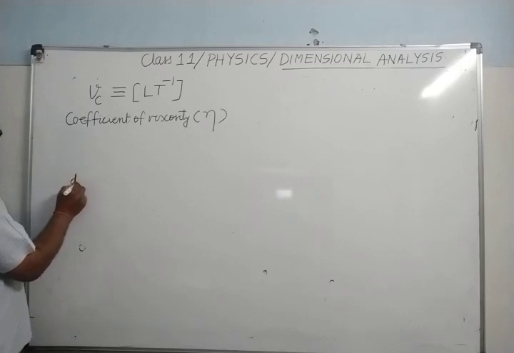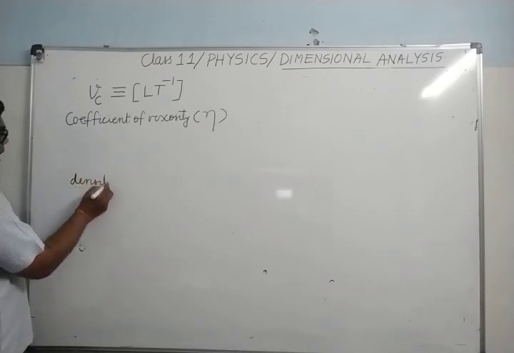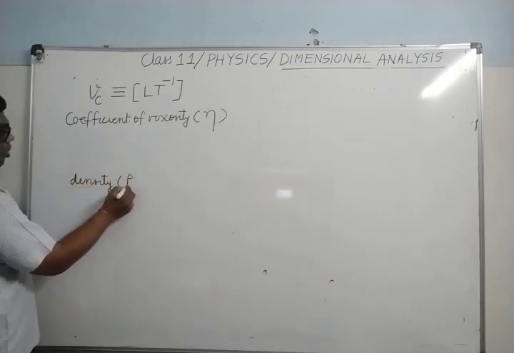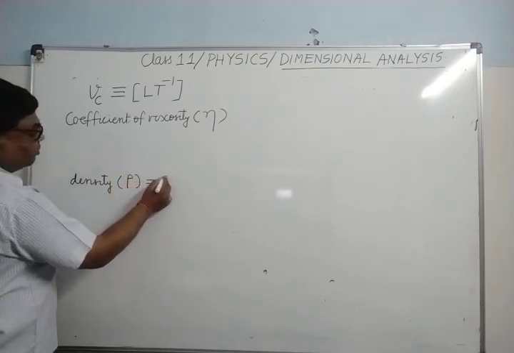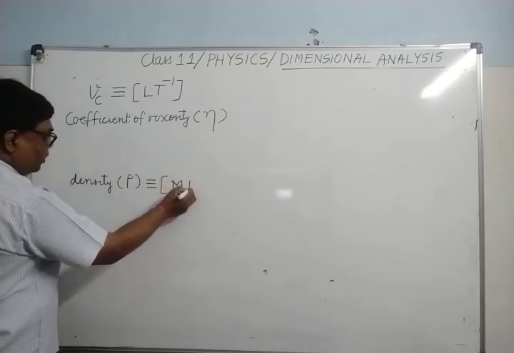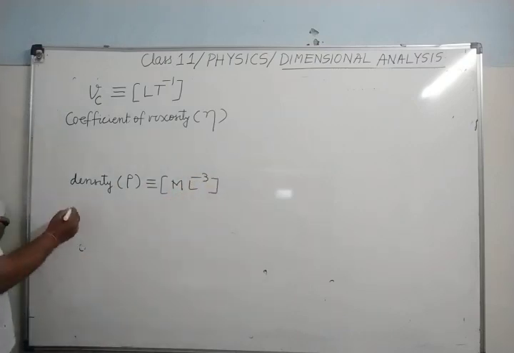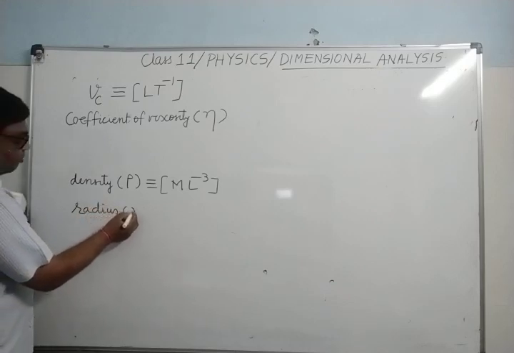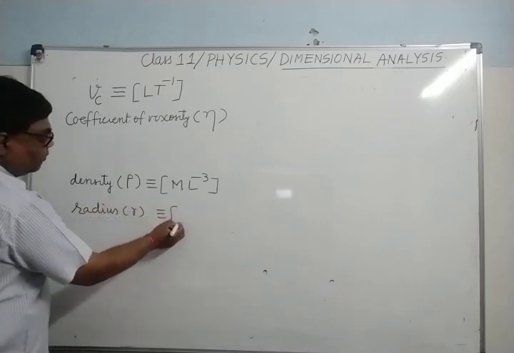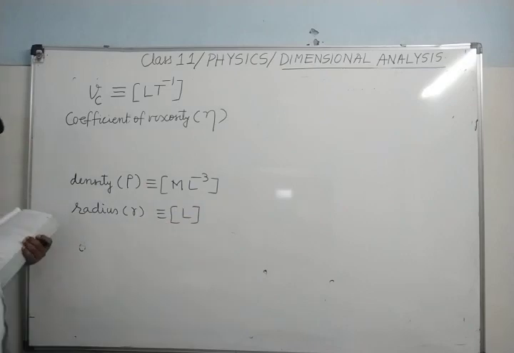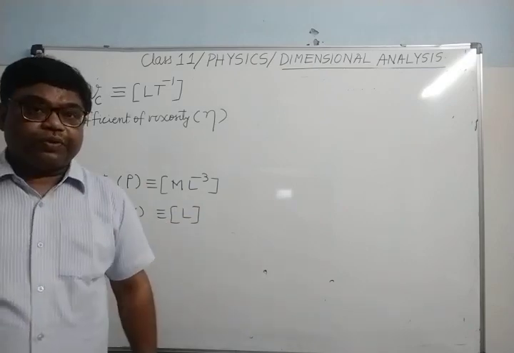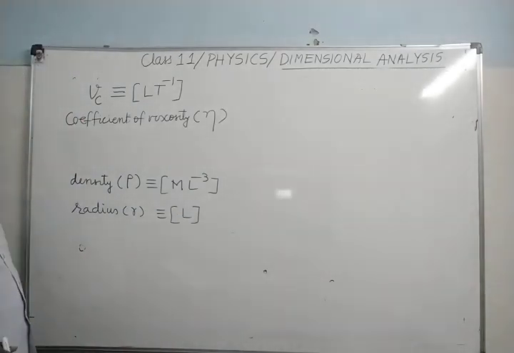Density you know. What is density? Mass per unit volume, rho. Its dimensional formula is ML minus 3. And radius r. Radius is a length. Its dimensional formula will be L. Use the method of dimension to obtain the formula of Vc. It's clear.